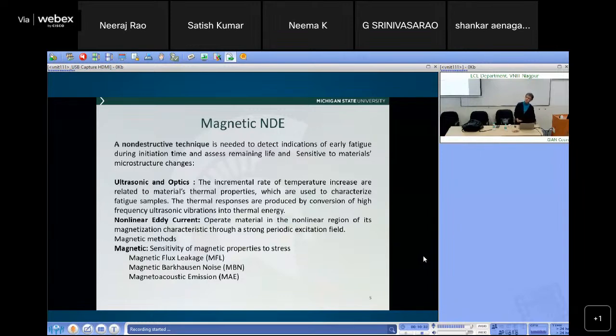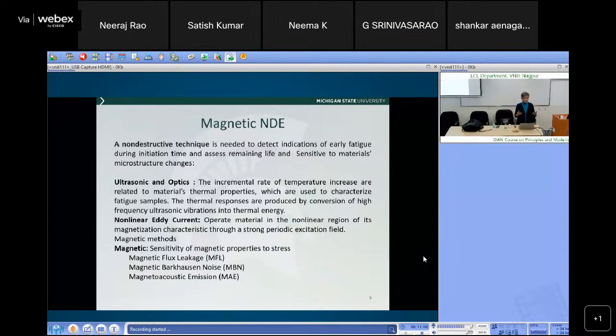We have worked on ultrasonic methods. Among the materials I'm talking about, in steel there are different types: austenitic steel and martensitic steel, where the crystal structures are different. Martensite has elongated crystal structures, and austenitic is more rounded, and they have different properties. Martensitic steel is what is used most of the time for structural applications.